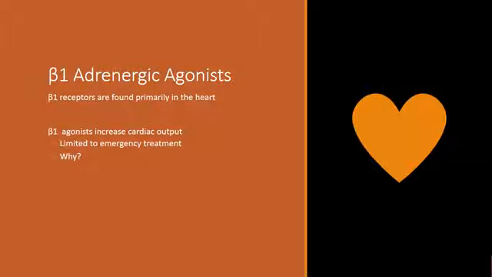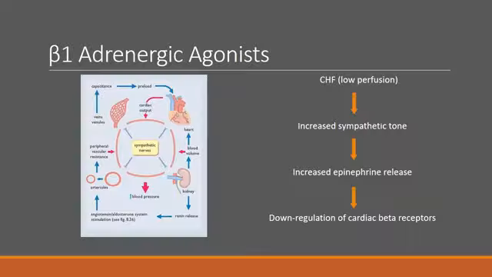If you think about why that is, remember what we have initially is CHF, so we've got low perfusion to the rest of the body, and the body's going to compensate by increasing the sympathetic tone. We're going to augment that with our adrenergic agonists.